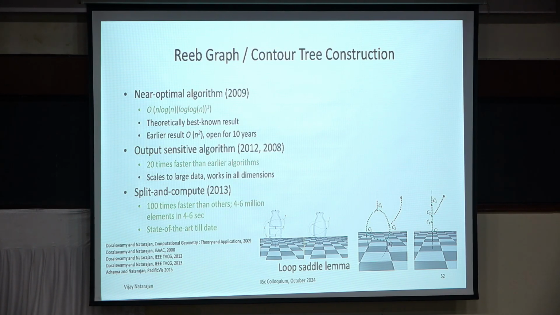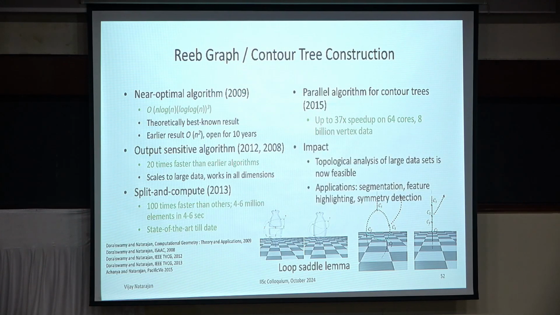So this split and compute approach was based on a lemma that we were able to prove in terms of where do you split these cycles. That's called the loop saddle lemma. And this resulted in significant speed ups up to 100 times and was at that time able to handle 4 to 6 million elements. Subsequently, for contour trees, we showed that we could handle up to 8 billion vertex data within a few hundred seconds.